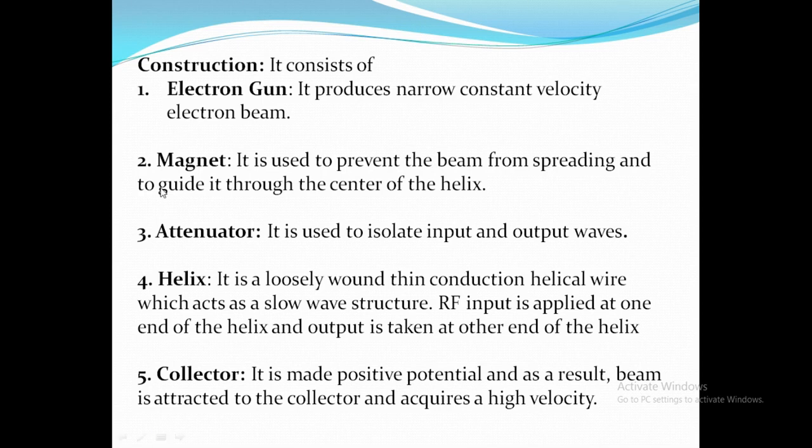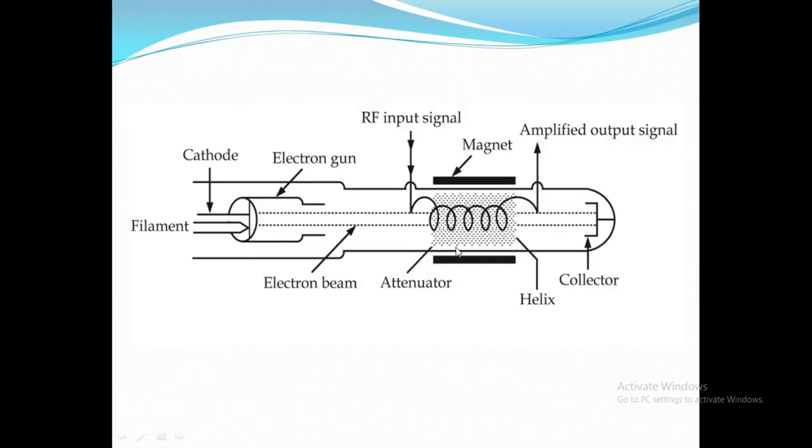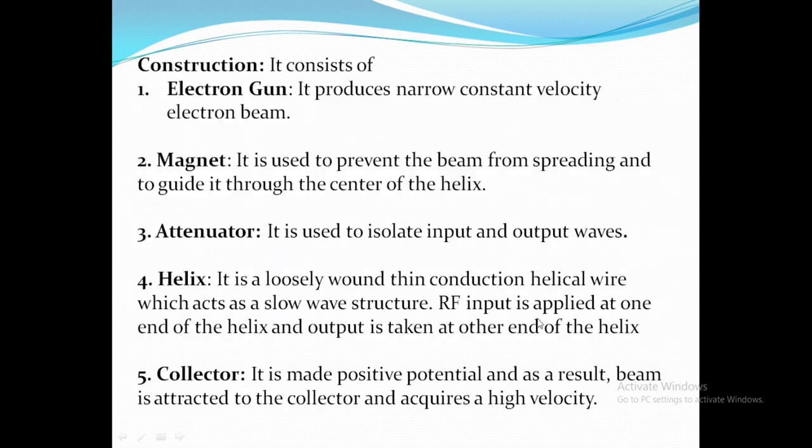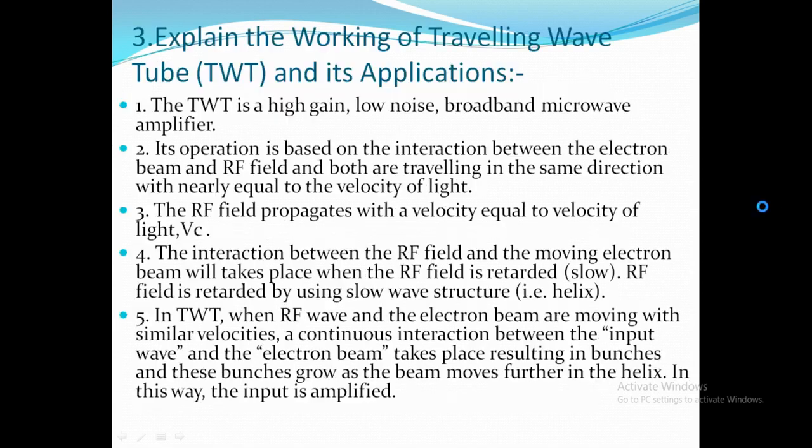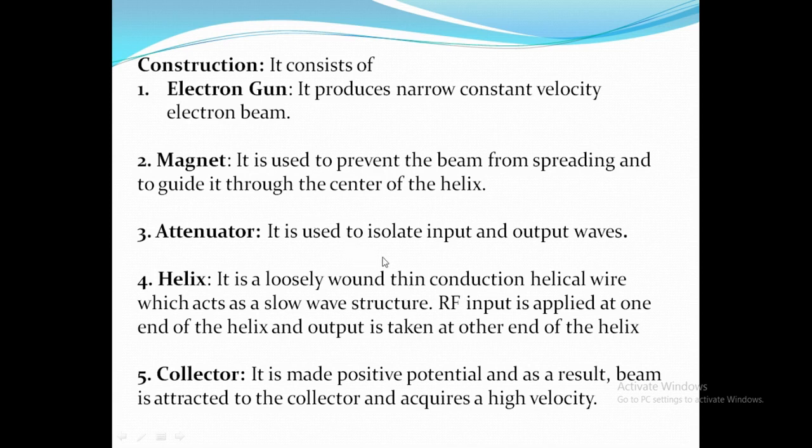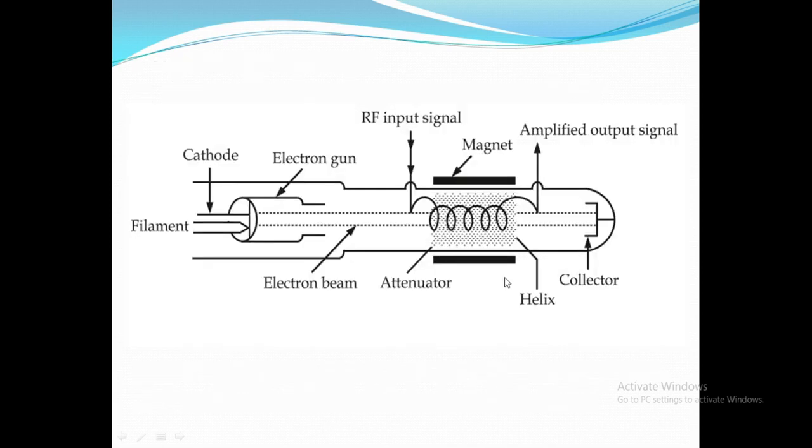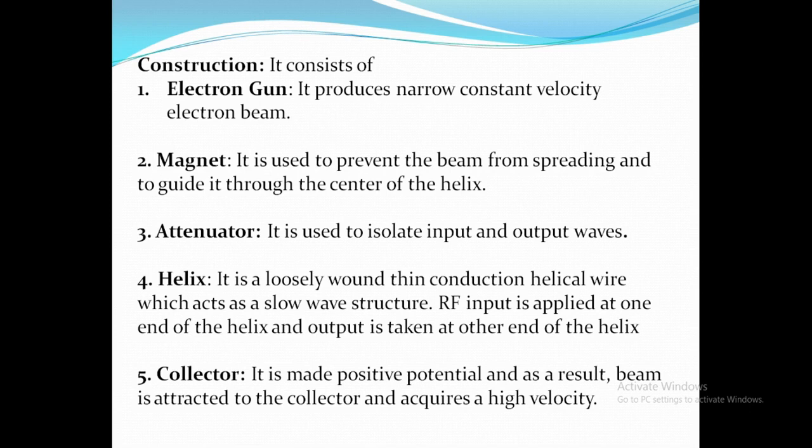The electron gun is used to produce the narrow constant velocity electron beam, and the magnet is used to prevent the beam from spreading and guide it through the center of the helix. The attenuator is used to isolate the input and output waves.